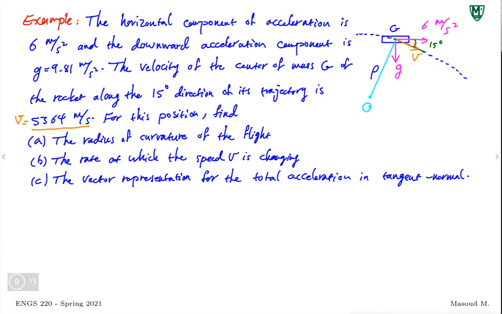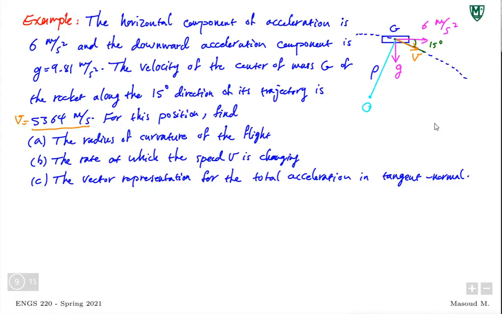A lot of things going on there, but at the end of the day, we'll see it's actually not that complicated. So, get a sense of the problem. This rocket is following this path, like a curve. At this given moment, we know the acceleration in horizontal direction is 6 meters per second squared, and we know acceleration in downward direction is g.